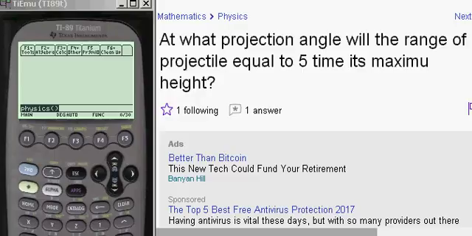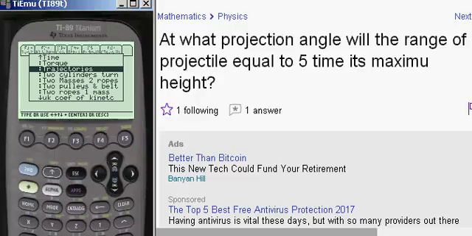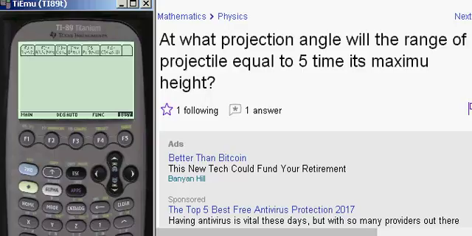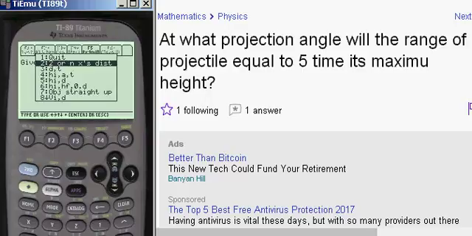Let's do it. Physics to get to my main menu. I'm already at trajectories. This is the path of an object, or trajectories, a situation like this. Projectile range. We choose that one in my main menu, and then we scroll to what's asked in these problems.